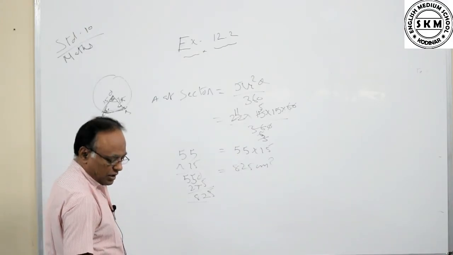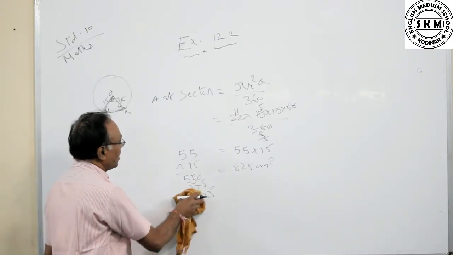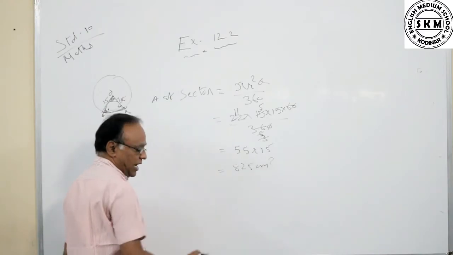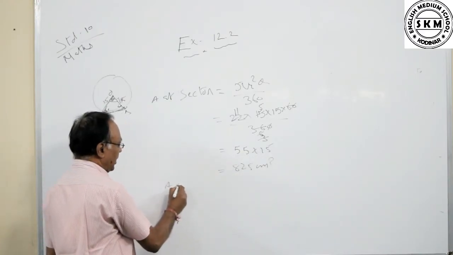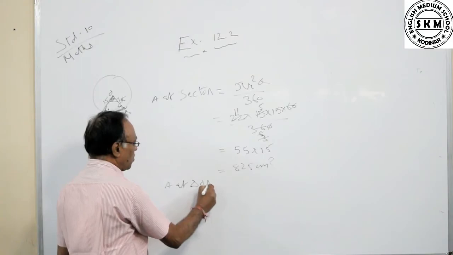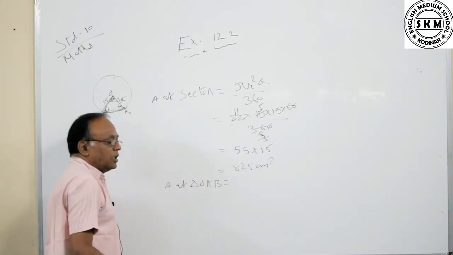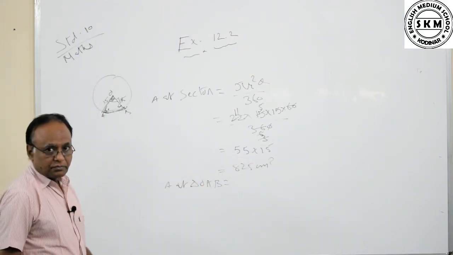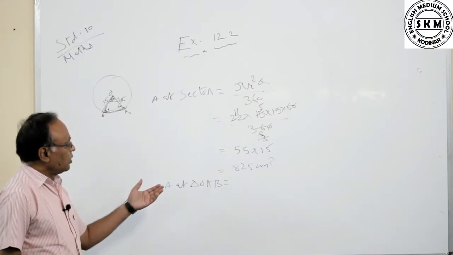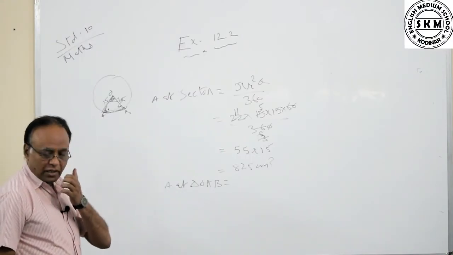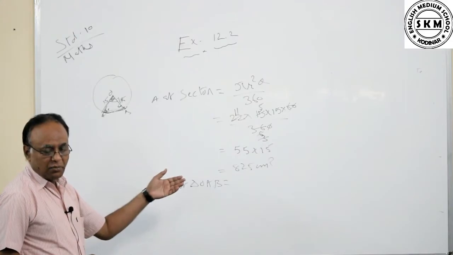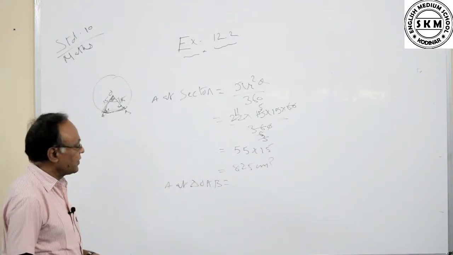Now the area of triangle OAB. It is an equilateral triangle. Already I have applied the formula: root 3 upon 4 side square.